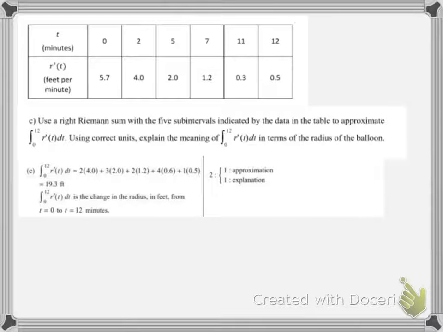So in part C, they've told you to use a right Riemann sum of 5 subintervals. So that means we're looking at this being the left and this being the right for the first rectangle.